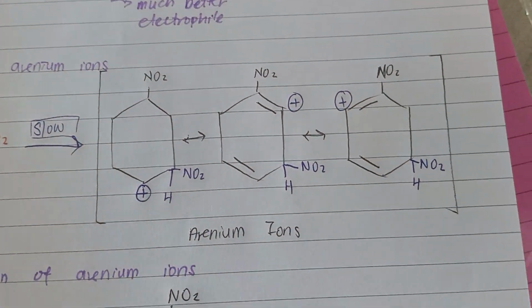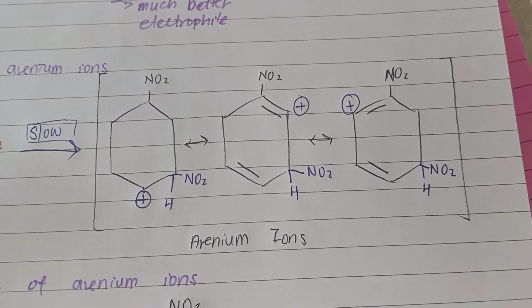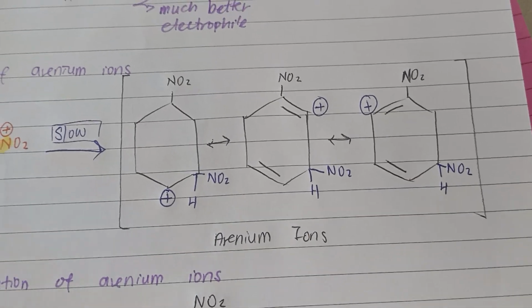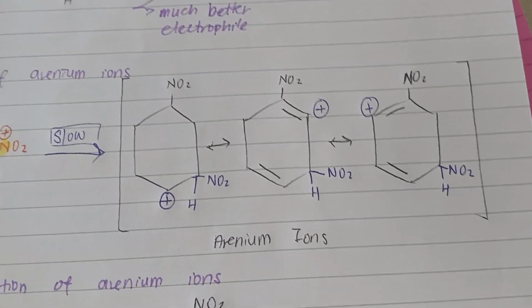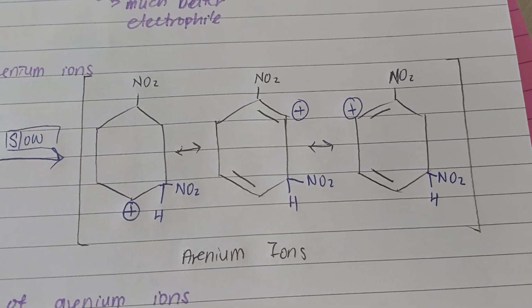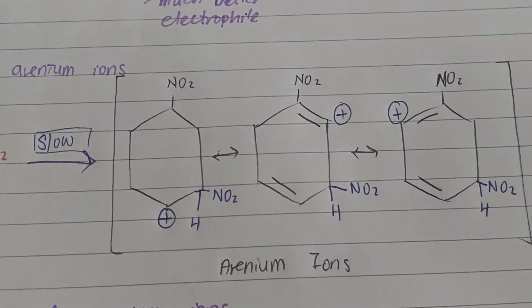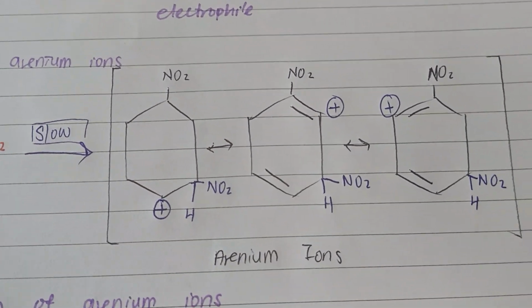So, I don't exactly remember the exact definition of this arenium ion, but in my understanding, the arenium ion is like an animation frame representing the delocalization of the positive charge of the carbon.